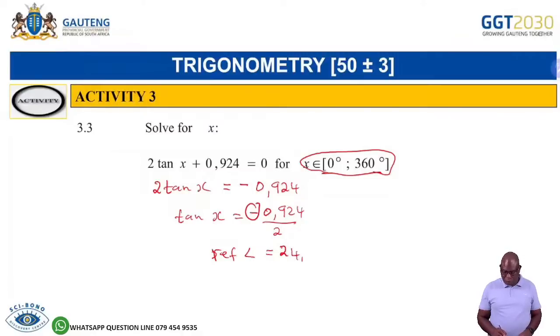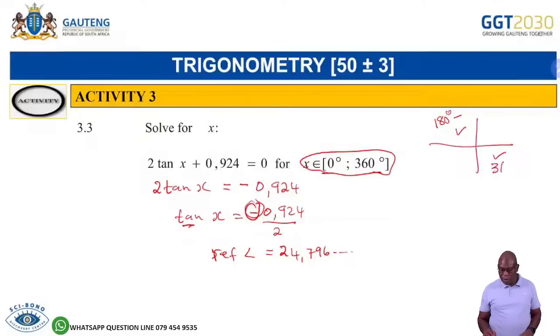It is 24.796 and other decimals. Then I'll look at this. This thing here is negative, which means where is the tan negative? In my quadrants, my tan is negative in this quadrant and that quadrant, of which here I use 180 minus.